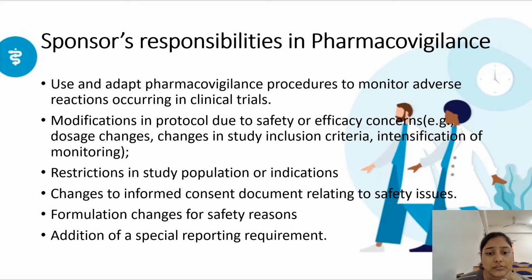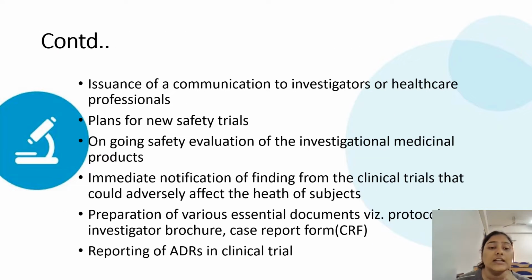Then changes to informed consent document relating to safety issues, formulation changes for safety reasons, addition of a special reporting requirement, issuance of a communication to investigators or healthcare professionals, plans for new safety trials, ongoing safety evaluation of the investigational medicinal products, immediate notification of findings from the clinical trials that could adversely affect the health of the subject. So this is also the responsibility of the sponsor to notify each and every stakeholder.